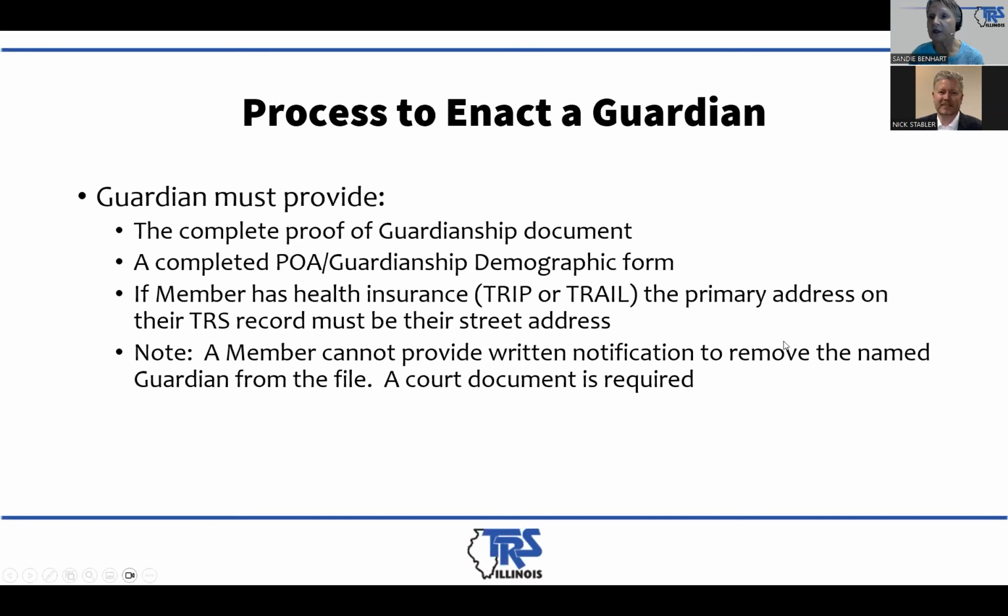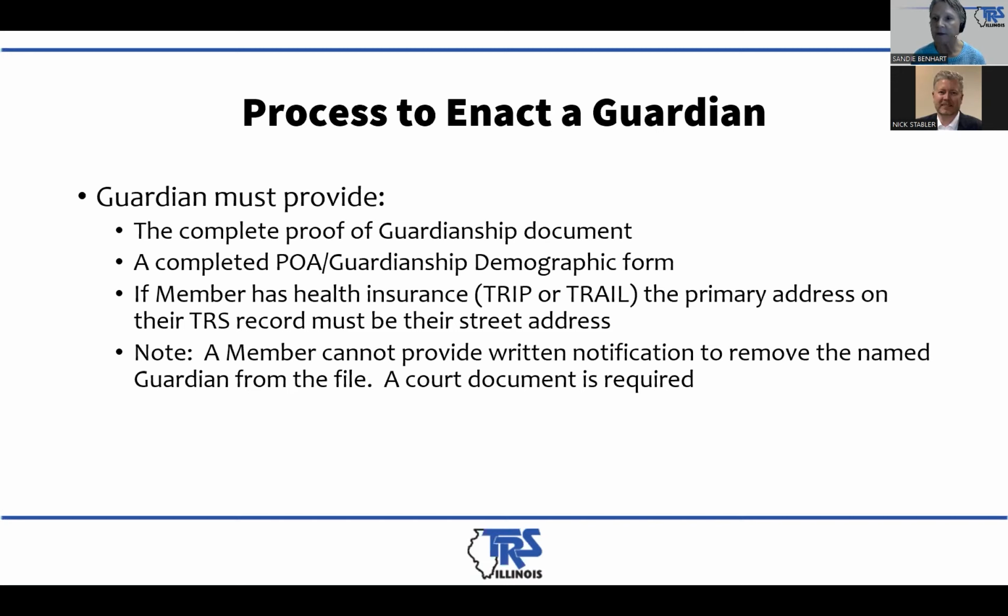If you are going to have a guardian in place, though, the guardian is going to provide the complete proof of guardianship document. They're going to complete that same POA or guardianship demographic form so we know who it is and how to contact them and everything.